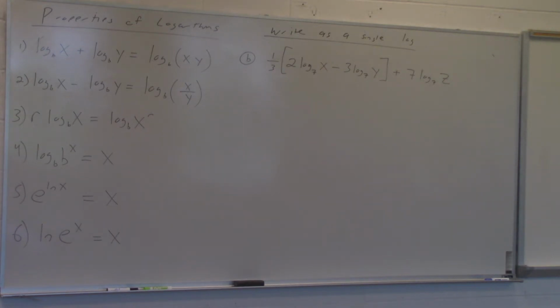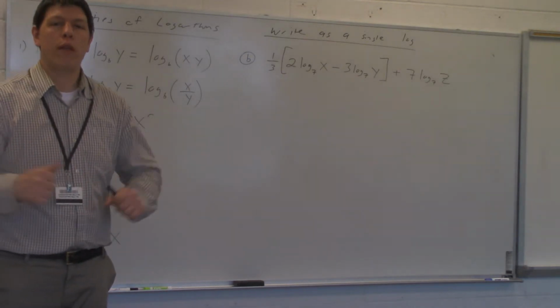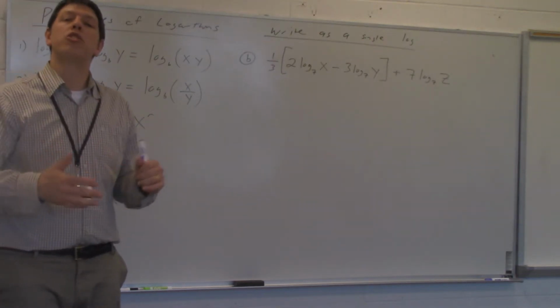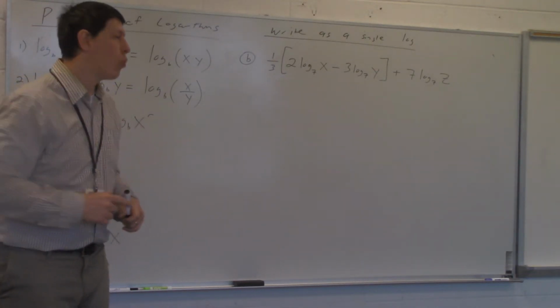All right. One of the things that you're probably thinking right away is, well, let's just distribute the 1/3. That's certainly fine. Another way you could do it is to operate inside, but I think it's best to just go ahead and distribute, then we can work from there.